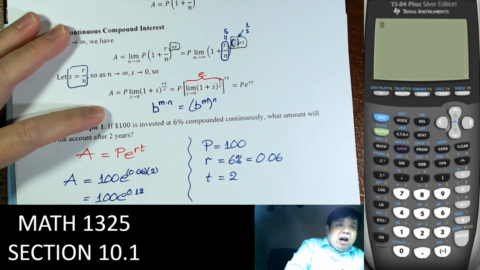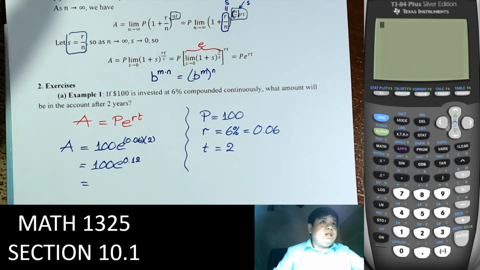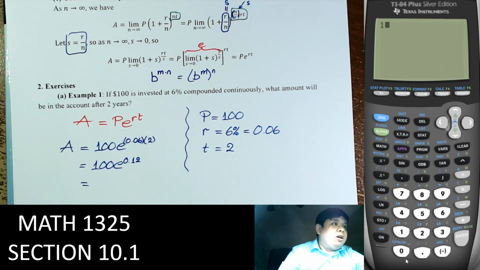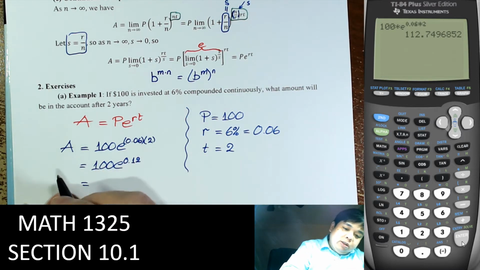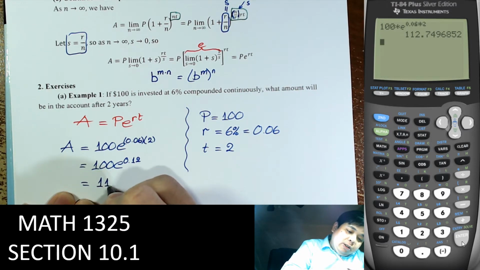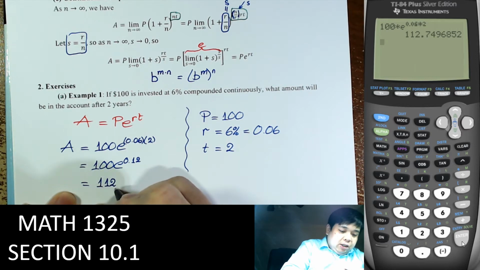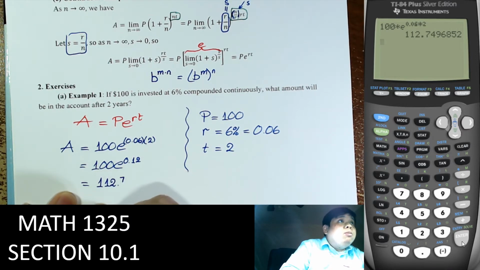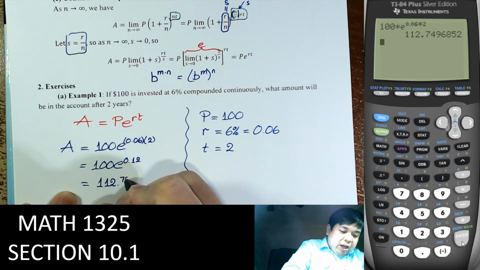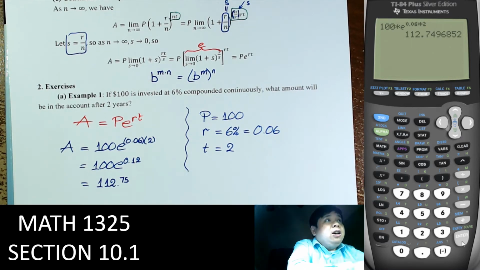The rest we just need to put in the calculator. So we can have 100 times e to the power of 0.12, we can just type it like that. So that's 112. This is money, so let's round to the nearest penny. Oh, simple enough, right?